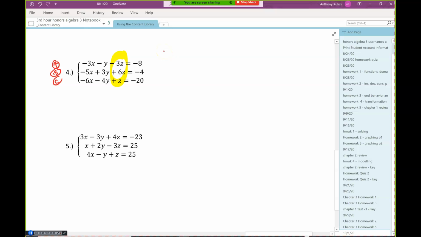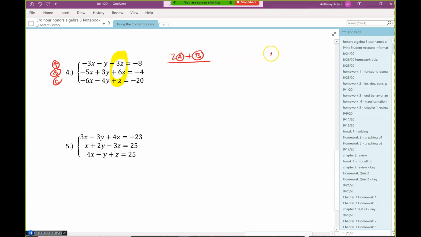Okay, so which two equations are we going to look at first? Okay, so what do I have to do to A? Yep. So we'll cancel out the z's that way. And then what other two equations do you want to use?